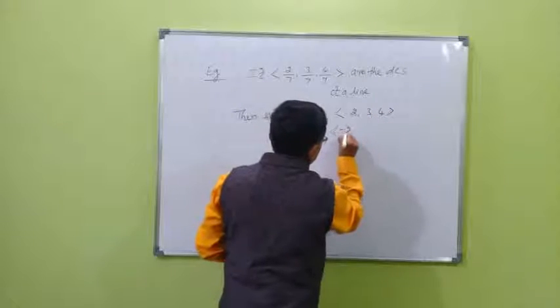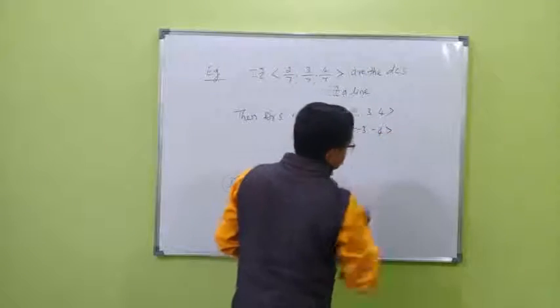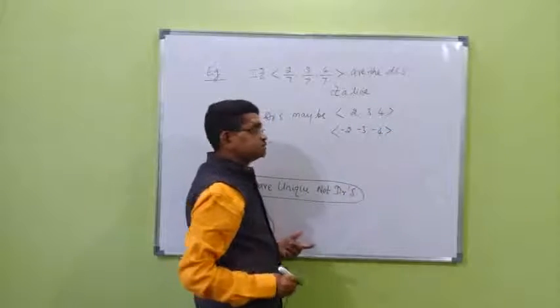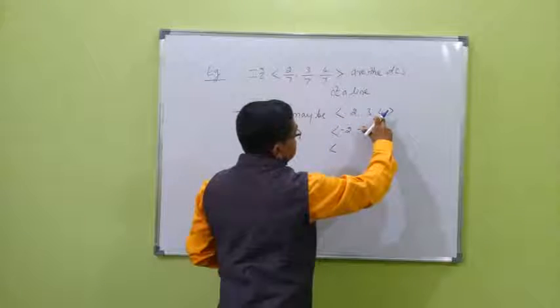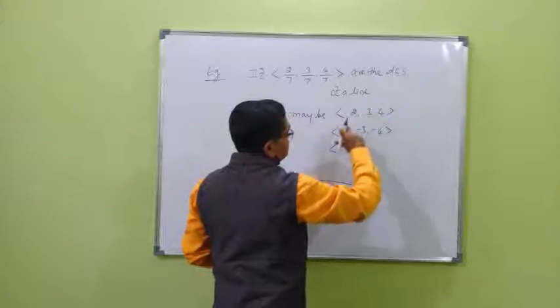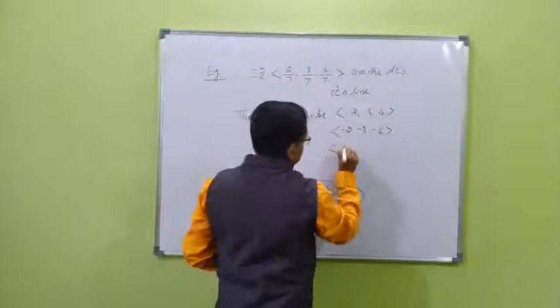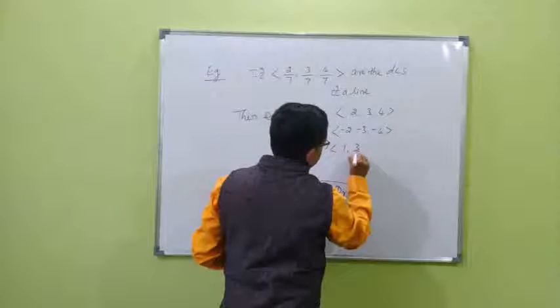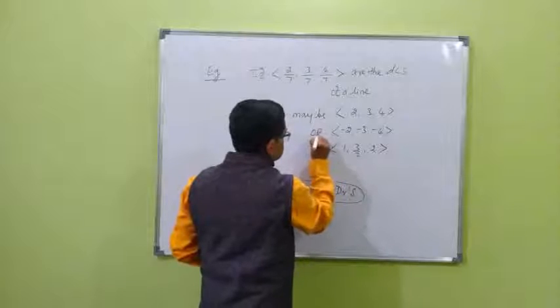Also minus 2, minus 3, minus 4. This is also a direction ratio. Or if you divide throughout by 2, then 1, 3 by 2 and 2. This is also a direction ratio.